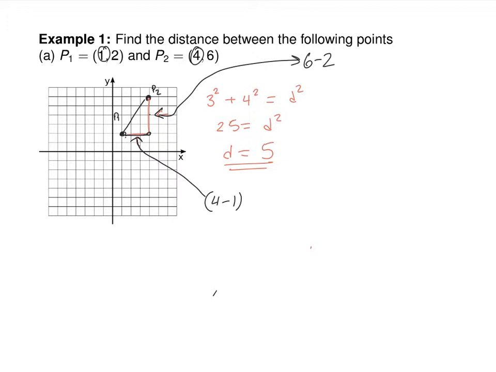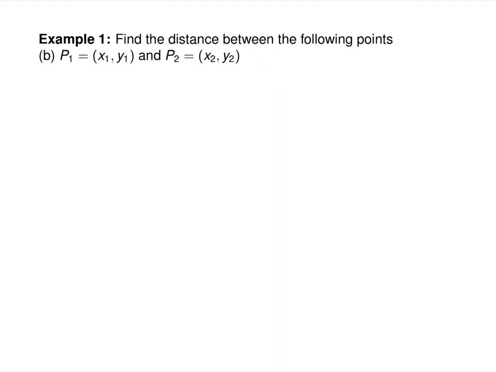So let me show you that with a different picture, with just letter names, okay? Put a point right there. We'll call it x1, y1. Put a point up there, call it x2, y2. And you want to find the distance between them.